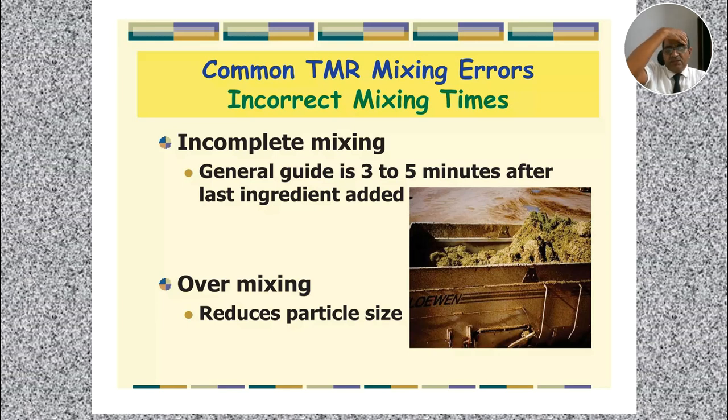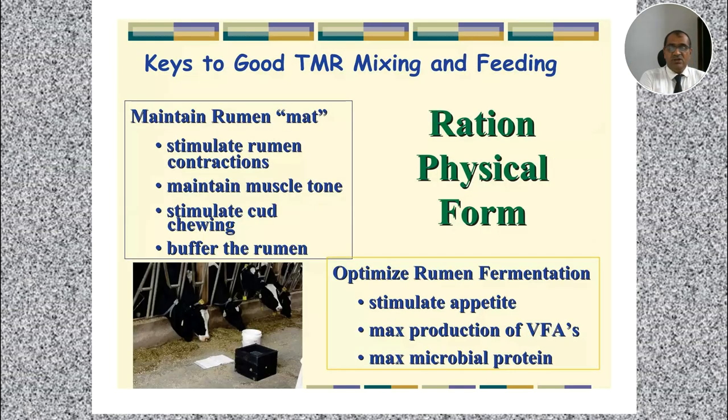Sometimes over mixing is also a possibility, which reduces the particle size. And there are certain key points which make the TMR good for feeding the cattle.